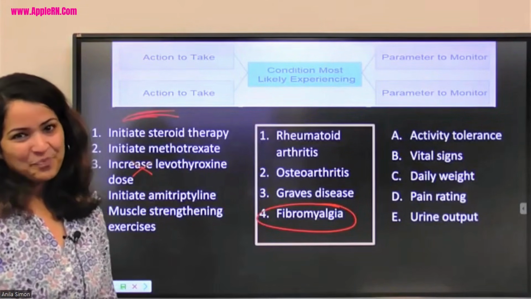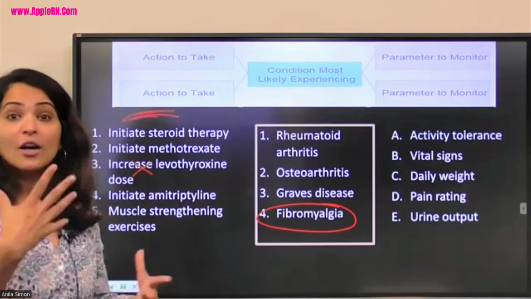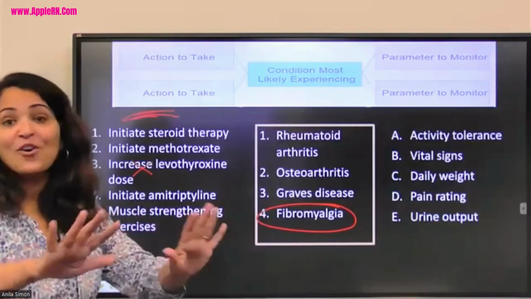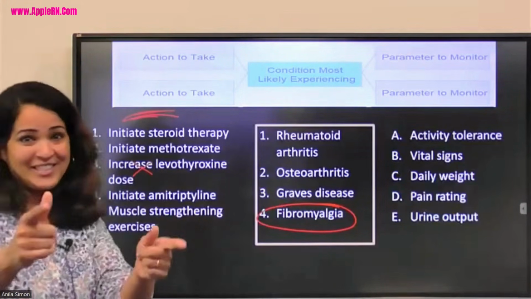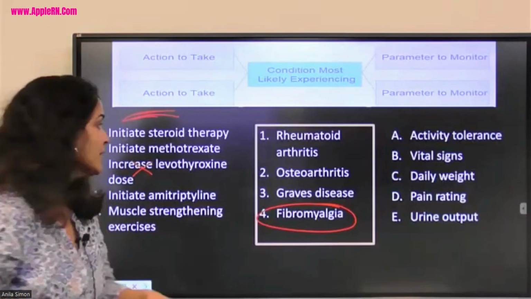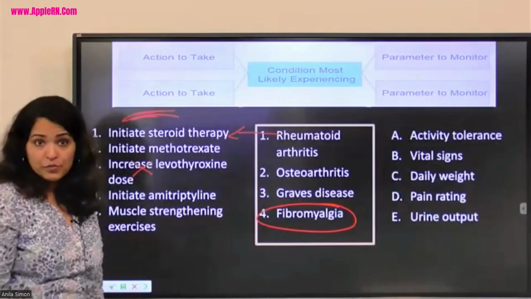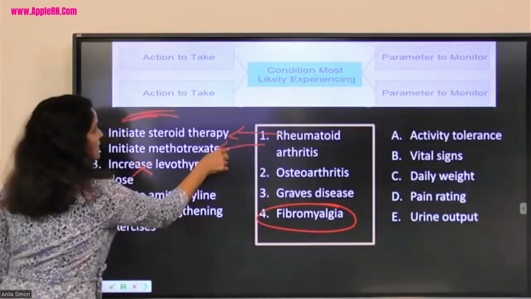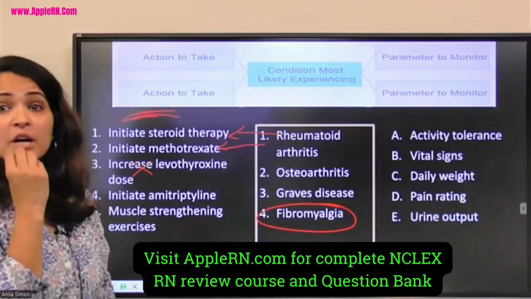So do we need steroids for this client? Probably not. If it was rheumatoid arthritis, an autoimmune problem, we know what our go-to medication is when there is an autoimmune issue, right? We go for steroids. So if it was rheumatoid arthritis, I would have said this might have been useful. I might also have said methotrexate, because methotrexate is something we might use for rheumatoid arthritis.